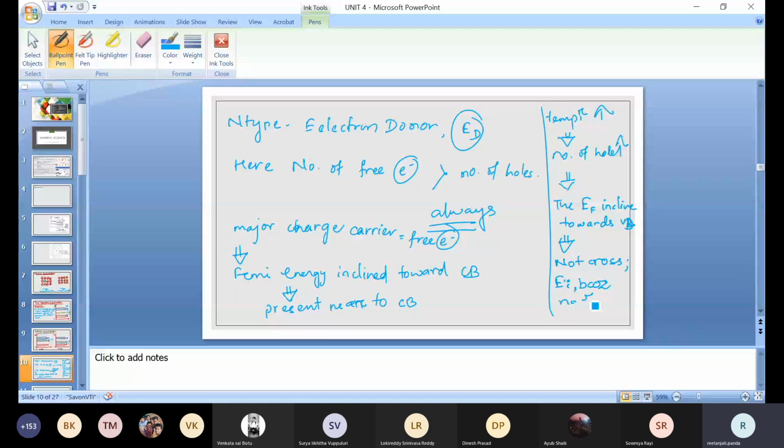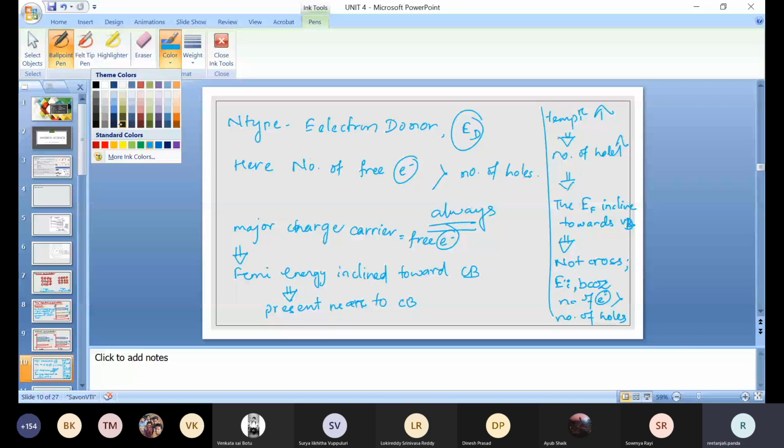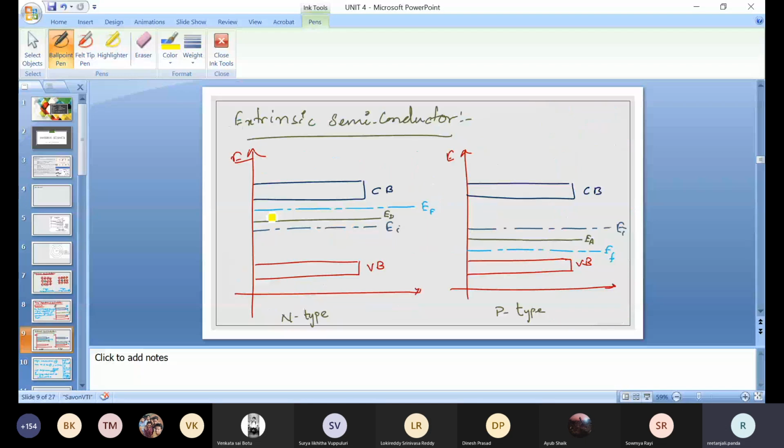If I increase the temperature, then this EF value represented here is gradually going to decline towards this EI, but it is not going to cross that line.